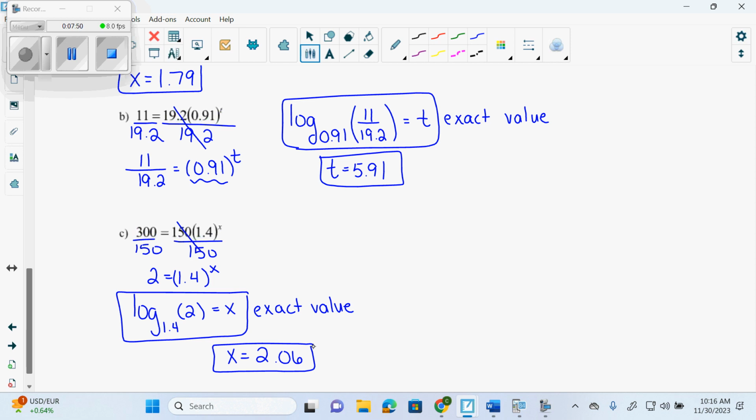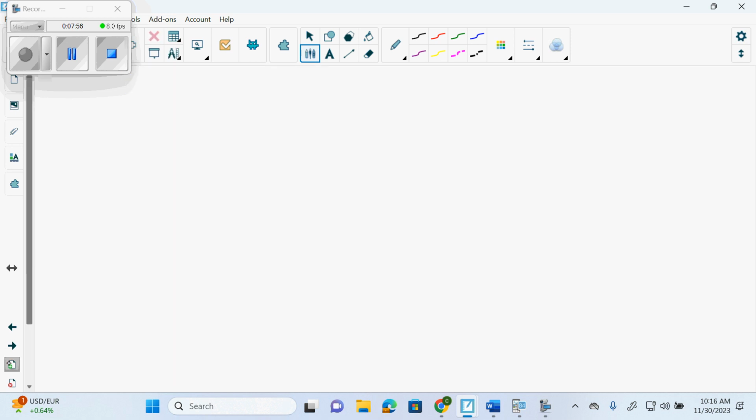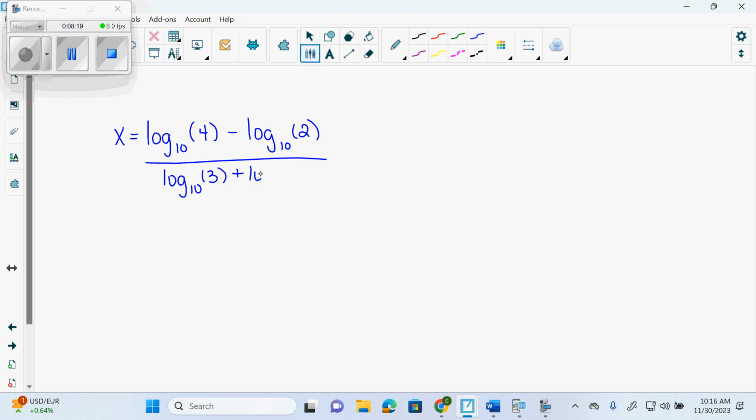Flip to the very back of your notes package where there's a blank page. So if we get this, x equals log base 10 of 4 minus log base 10 of 2 over log base 10 of 3 plus log base 10 of 5.